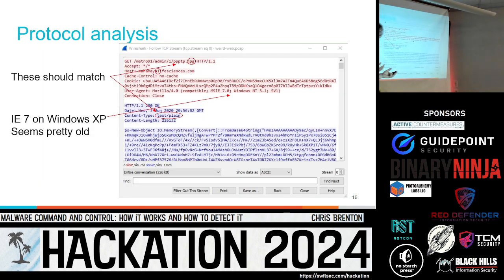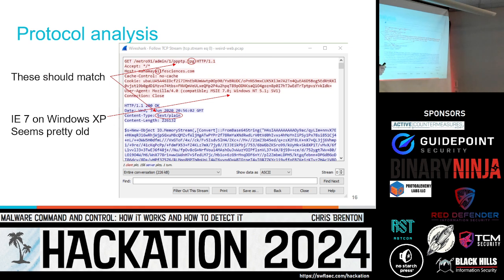The next thing I may want to do, let's say I run down that target IP and I can't find a business need associated with it. Well, the next thing I may want to do is look at the protocol and see what's going on. What I see is my internal system is doing a GET request over and over again for the file ppptp.jpg in the Metro 91 admin 1 directory.